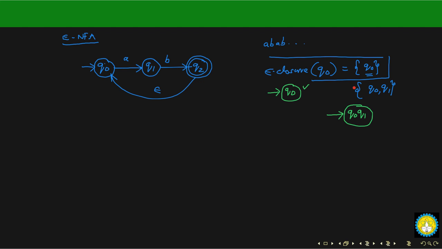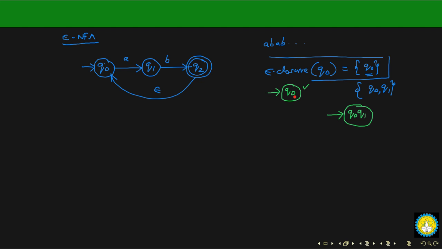Okay, so since in this example we are looking at the epsilon closure of Q0, we got only Q0. So our starting state is also Q0. Now what we can do is create a transition table for representing the state transitions for the expected DFA that we are going to construct.